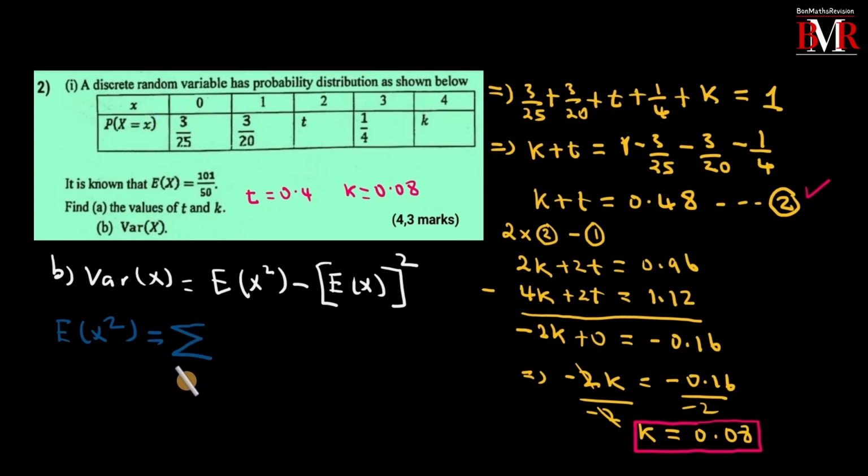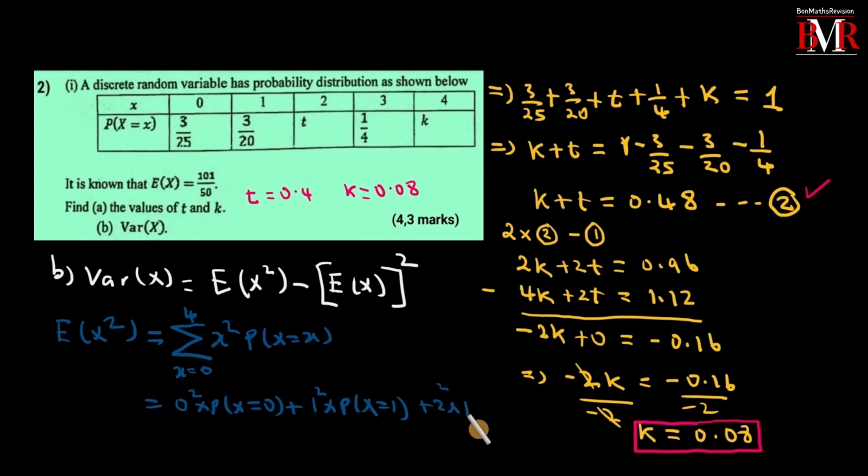That is the summation from x equals 0 to 4 of x squared times the probability of x. That is 0 squared times P(X=0) plus 1 squared times P(X=1) plus 2 squared times P(X=2) plus 3 squared times P(X=3) plus 4 squared times P(X=4).